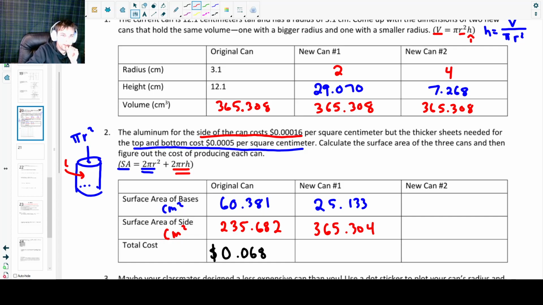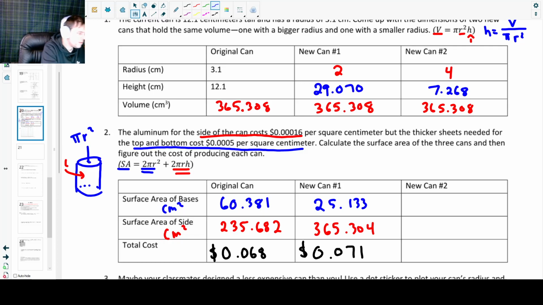Alrighty, and this one, I come up with a grand cost here of 0.071. Again, that's in dollars, so it is a little more expensive to produce this can. This is 7.1 cents versus 6.8 cents per can.